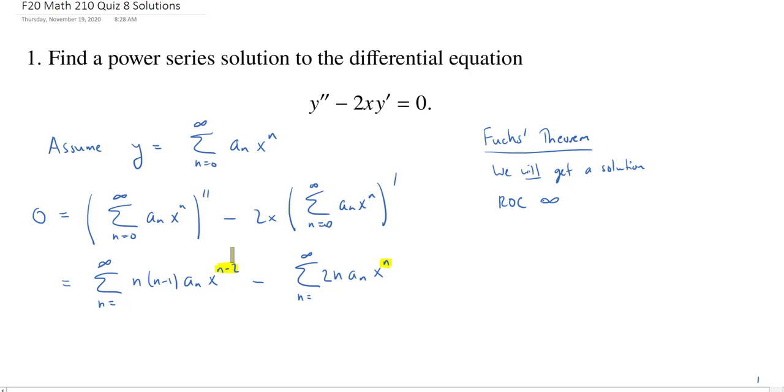Well, when I increase my n's by 2 here, I'm going to have to decrease my n in the summation. If I decrease it from 0, it'll go down to -2, and that doesn't feel so good. Let's take a look though at what actually happens here. So if I wrote n equals 0, the very first summand would have a 0 for n, which means the summand would just be 0.